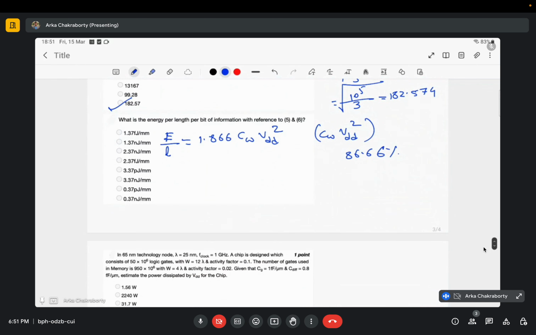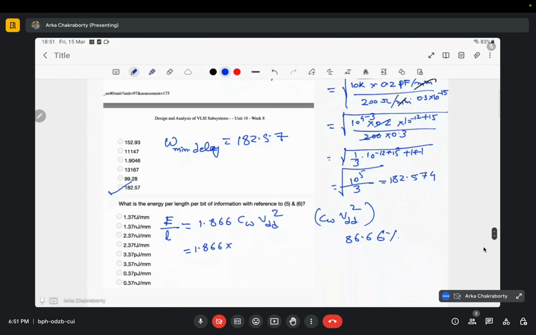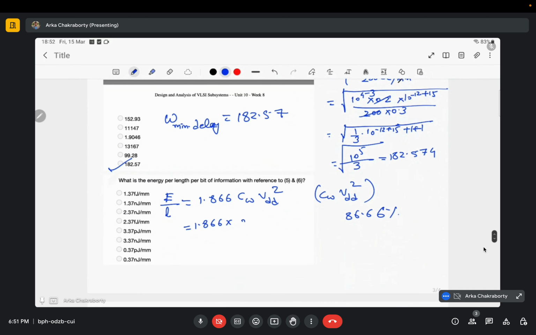So with repeaters, as mentioned, in our case our energy per unit length would be 1.866 into CW into VDD square. So 1.866 CW is how much? CW is 0.2 picofarad per millimeter, into VDD square.